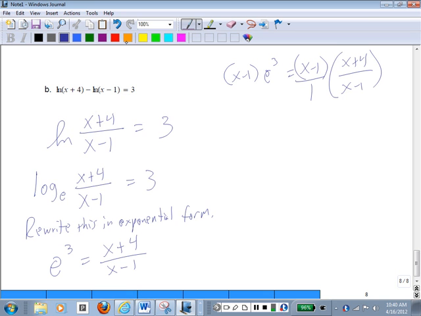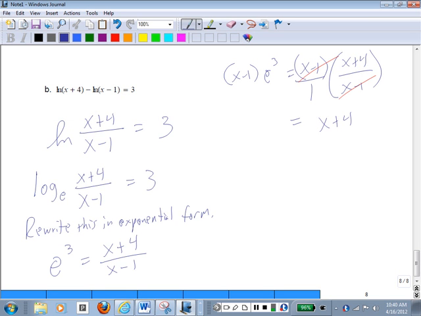That will enable us to divide out the x minus 1 from the denominator. And we'll have x plus 4 on the right, and this is actually going to be a linear equation with an awkward coefficient of e cubed in there.